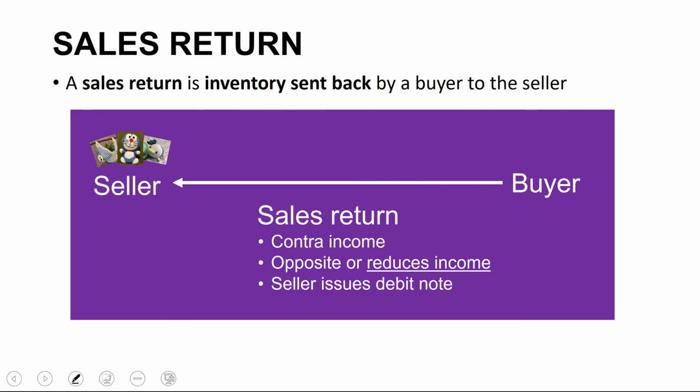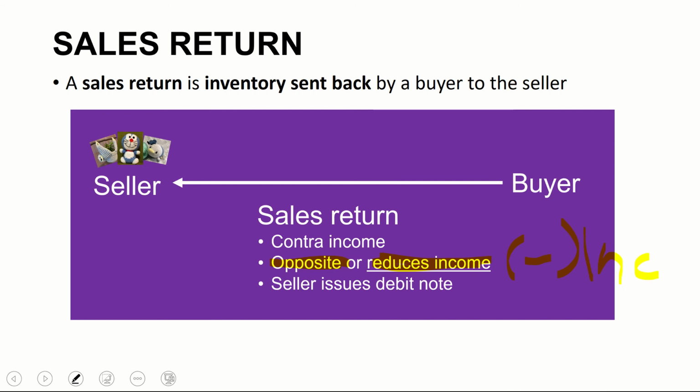So with sales return, we need to know a few things. Sales return is a contra income. What does a contra income mean? A contra income is the opposite of income and it reduces income. So instead of income plus, you will record minus income.